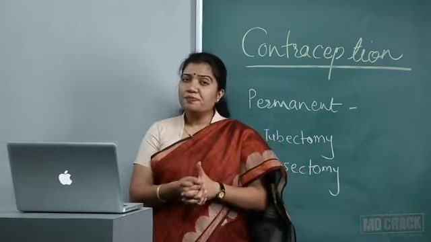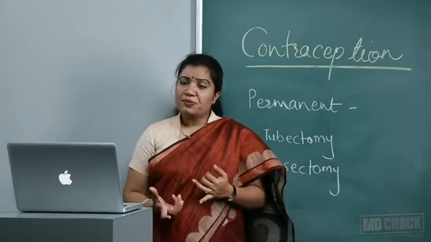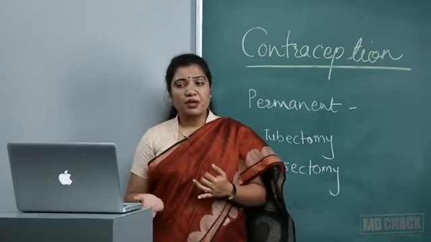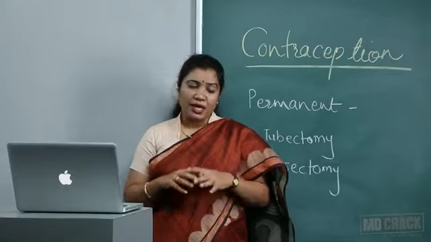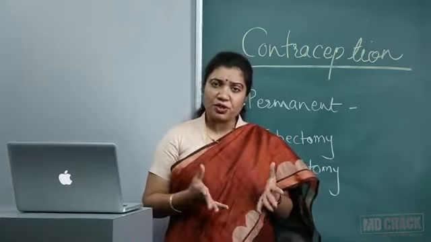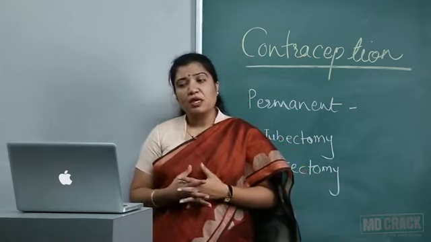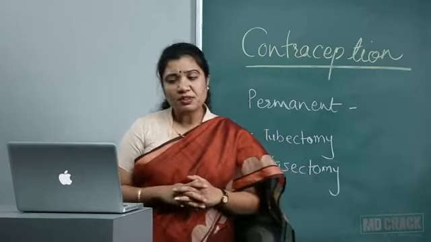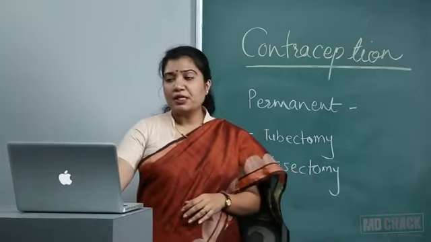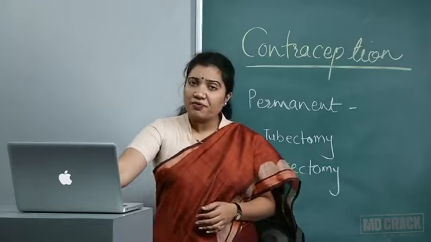Many patients have chronic pelvic pain, congestive dysmenorrhea and menstrual irregularities after tubectomy, and we may blame this syndrome, or the change in the vasculature or the fibrosis which takes place. Maybe because of that the patient has these typical symptoms, and it is called post-ligation syndrome. So that finishes this topic of contraception and family planning.